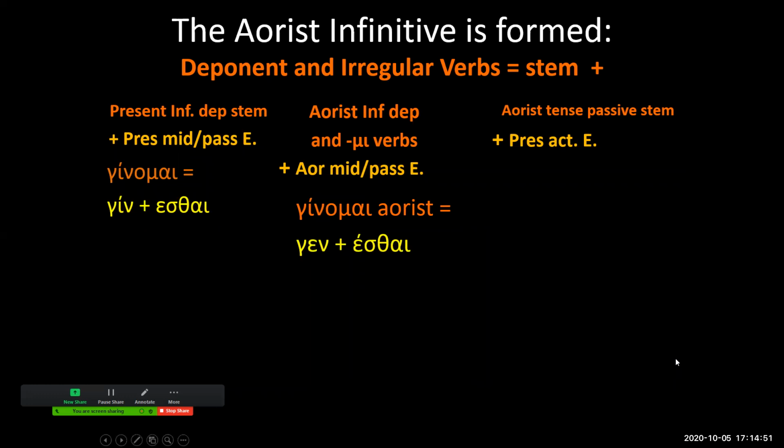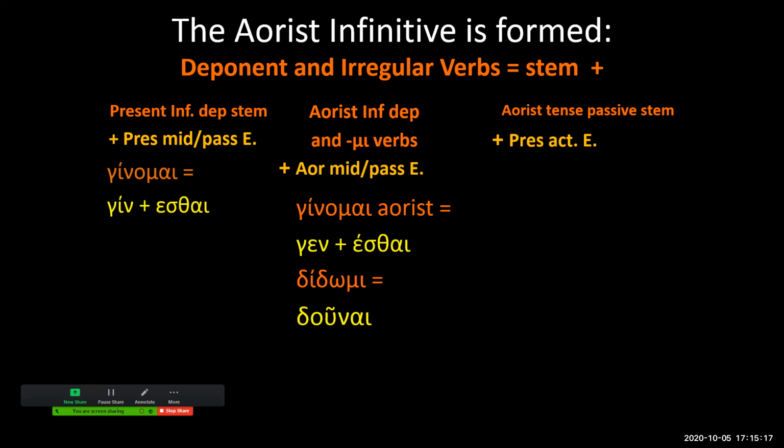The middle passive infinitive in the aorist is not ai, but esthai. So we have genesthai for the aorist infinitive. And mi verbs are irregular. Dounai is the aorist infinitive of didomi, to give.